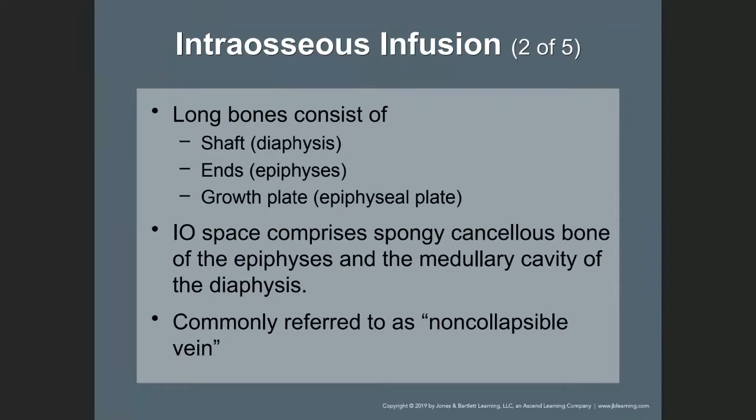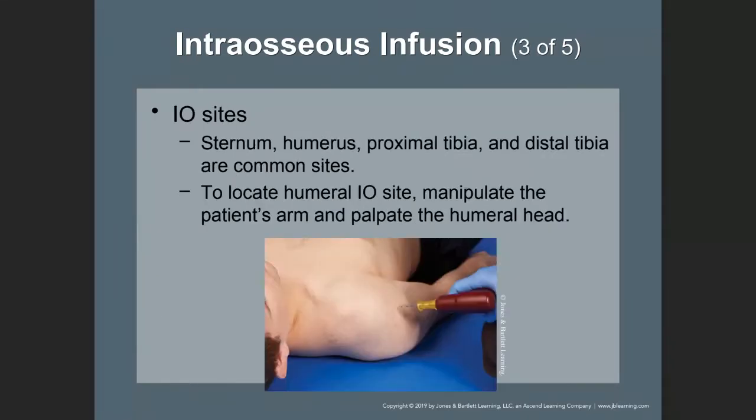IO space comprises spongy cancellous bone of the epiphyses and the medullary cavity of the diaphysis, commonly referred to as a non-collapsible vein. So it's a vein that cannot collapse. IO sites: sternum, humerus, proximal tibia, distal tibia are common sites.